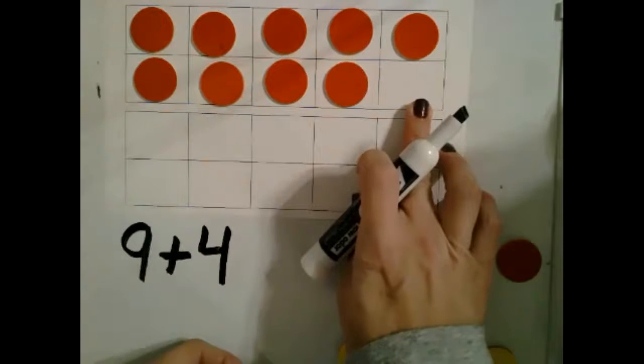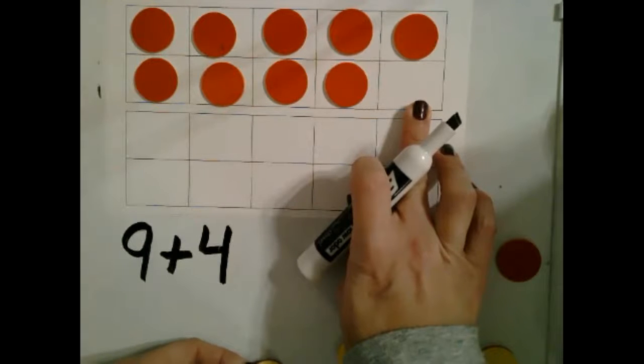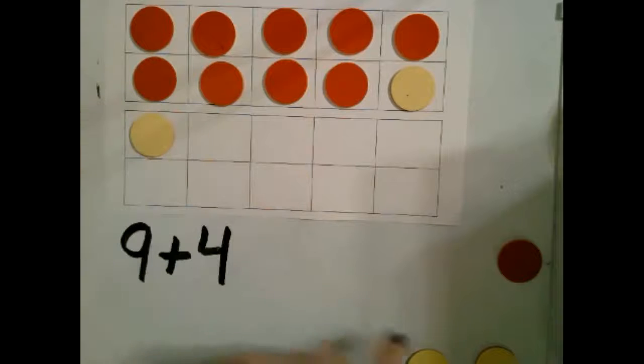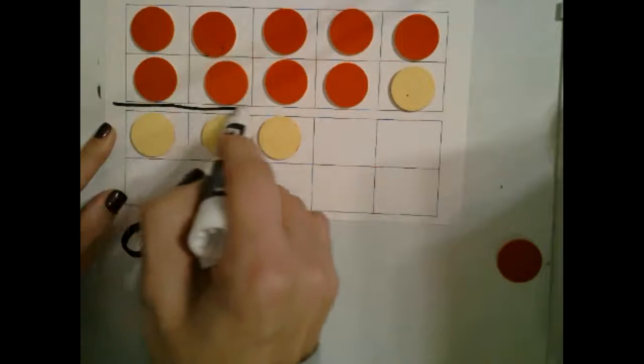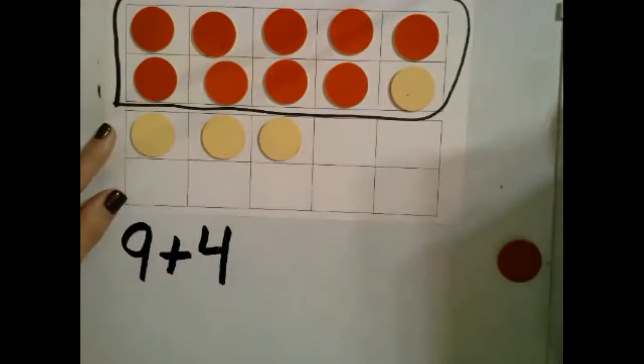I see that there's an open place in my 10 frame. So I'm going to start by doing that one first. 1, 2, 3, 4. So I know that now I've made a group of 10 because I filled in that first 10 frame.